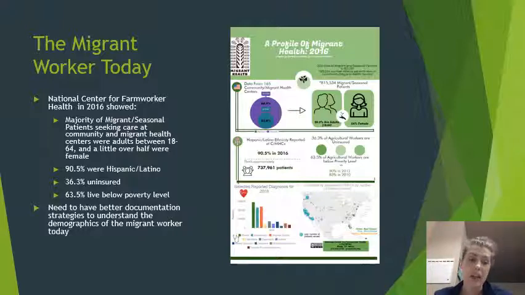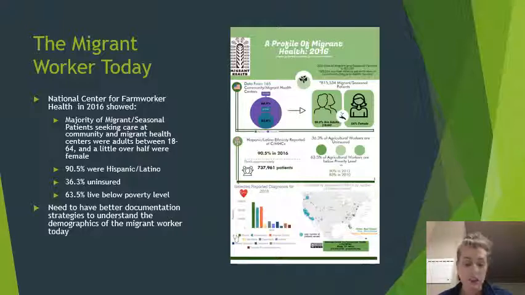One such study done by the National Center for Farm Worker Health in 2016 surveyed 165 community and migrant health centers and showed that the majority of the migrant and seasonal patients seeking care at these clinics were adults between the ages of 18 and 64, and a little over half were female. 90.5% of the patients identified as Hispanic or Latino, 36.3% were uninsured, and 63.5% lived below the poverty level.